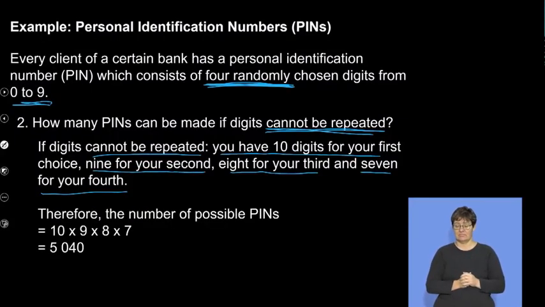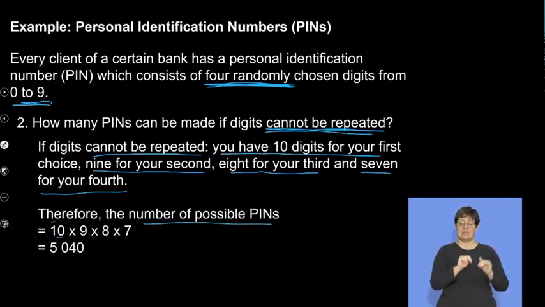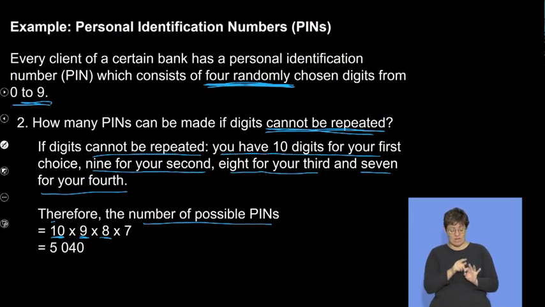Therefore, the number of possible PINs will be 10, because we have 10 digits to choose from for the first. Then we have 9 because we cannot repeat. We already used 2, so we have 8 to choose from. Then we have 7 to choose from because we already used 3. Are we together? Then if you multiply, that's what we get.